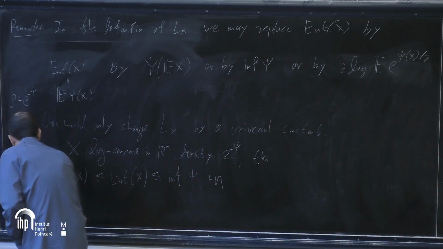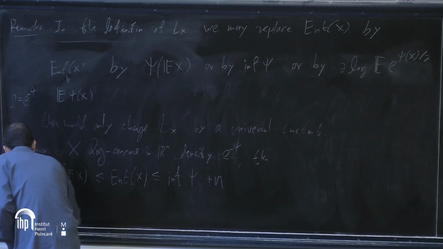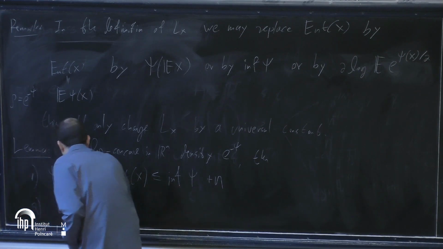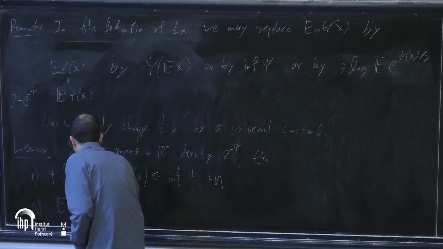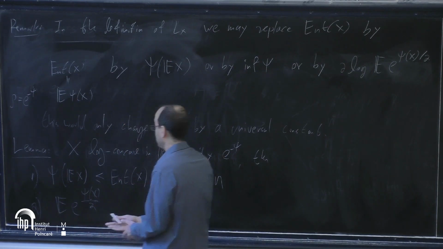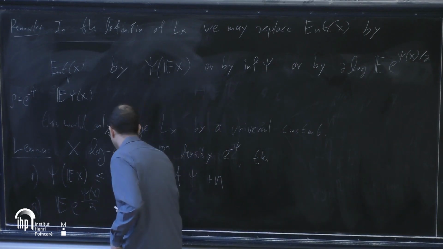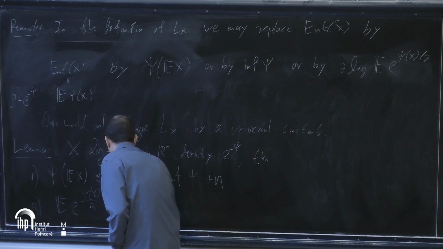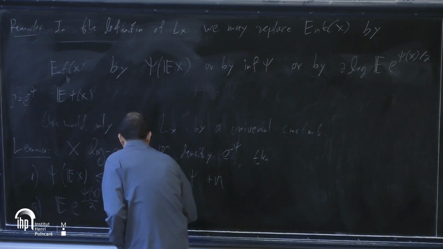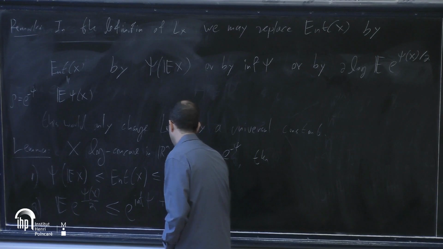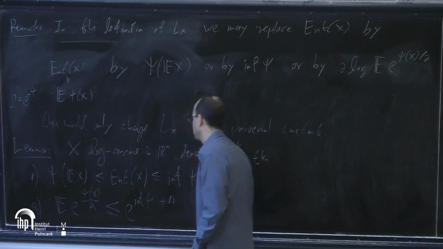Or you can say that if you take any power of psi of X smaller than 1, the expectation, if you take power 1, it's infinite, but for any power smaller than 1, is at most the infimum of psi plus some constant, maybe plus n, maybe a bit better than that.